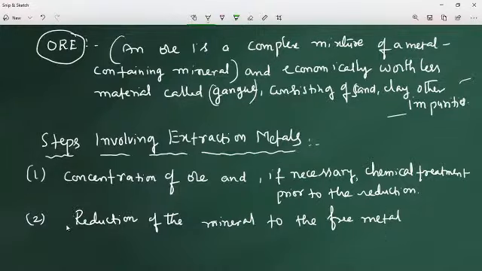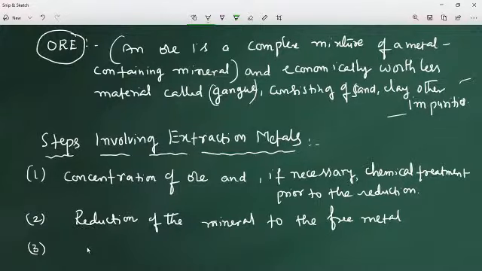So the second step is said to be the most crucial. In this step we will get the metal, and getting the metal after the concentration of ore is called reduction. The third step, we have to make the metal pure.